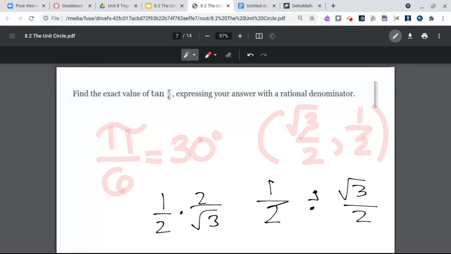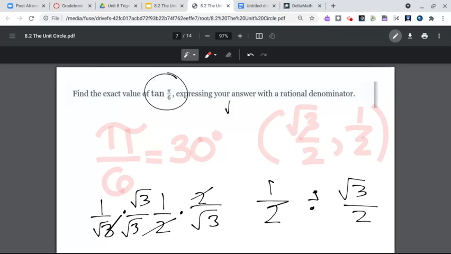Okay, our 2's will cancel. We have 1 over root 3, and then we rationalize, so we multiply by root 3, top and bottom. And we get, for the exact value of tangent pi over 6, root 3 over 3.